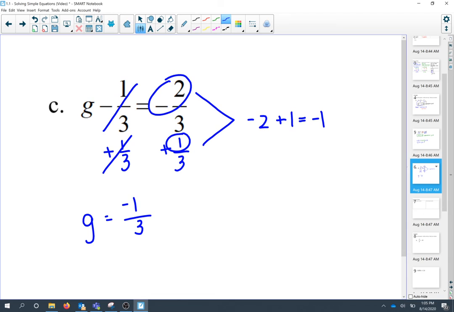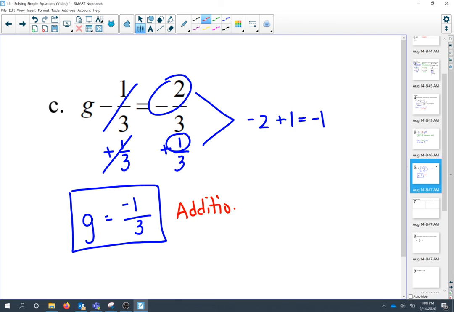So g is -1/3. If I want to justify that step, here I added a third, and I added a third, so that is the addition property of equality.